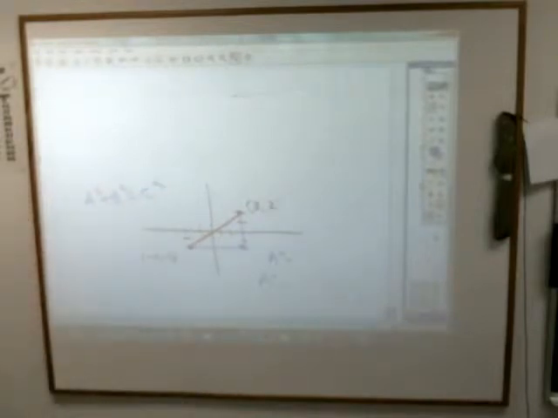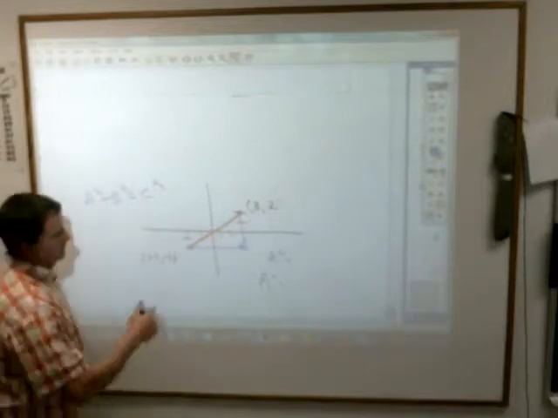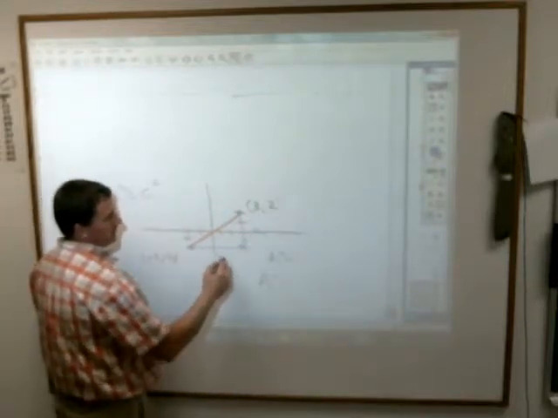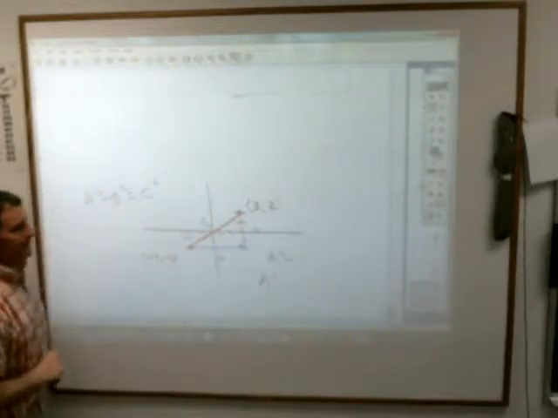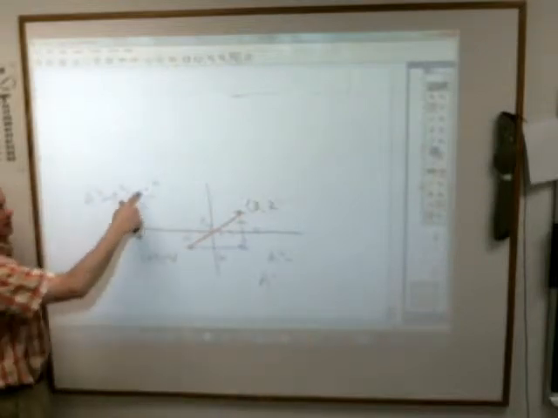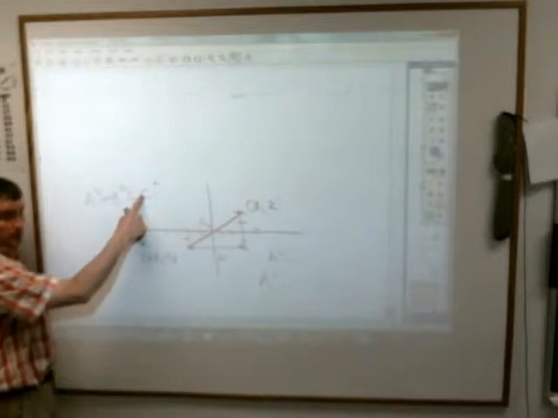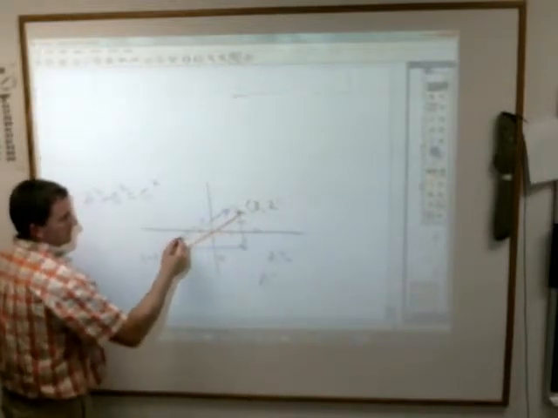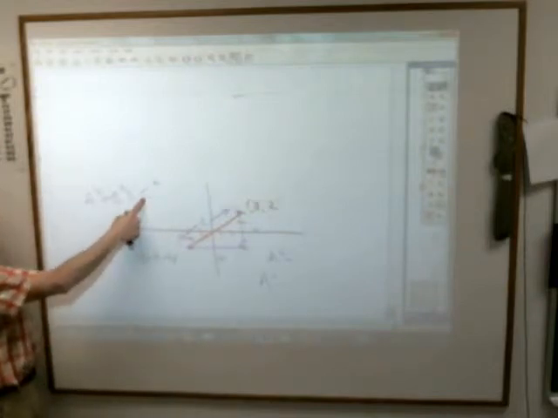Okay? Which ones are a's, b's, and c's? It doesn't matter which one you call A, B, C. If I were solving for the letter C, which is what I'm looking for when I look for distance, letter C is this distance right here. How would I solve this equation for the letter C?